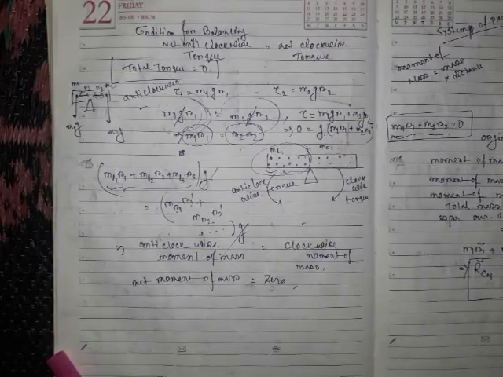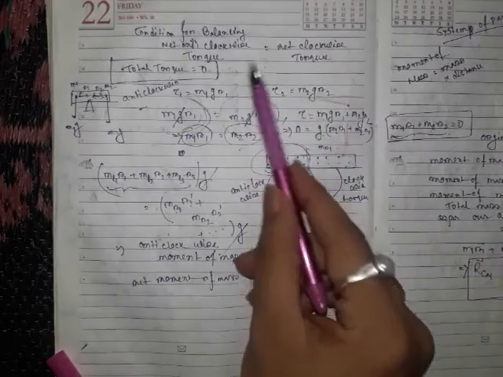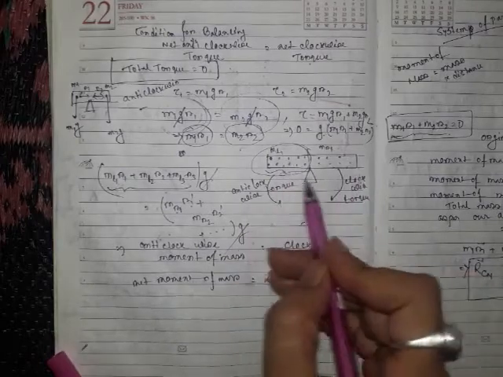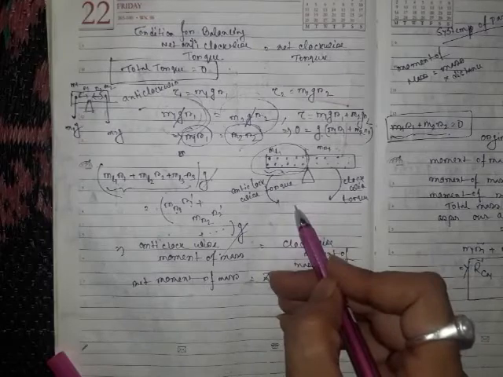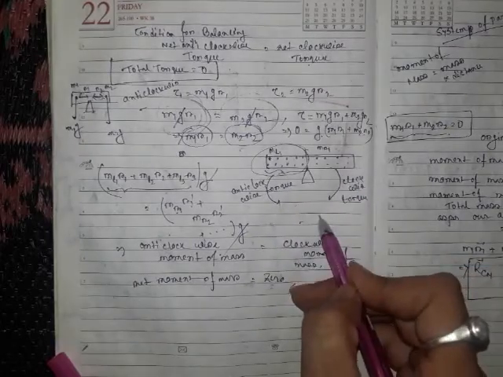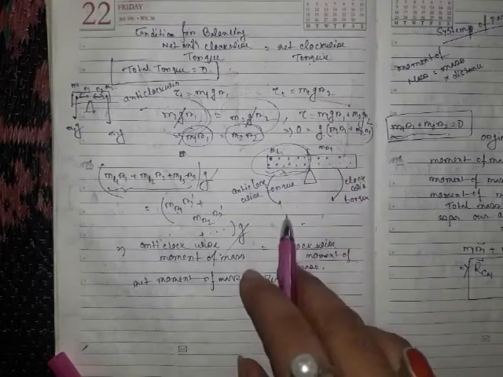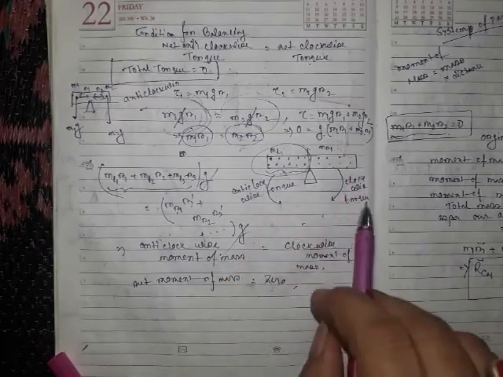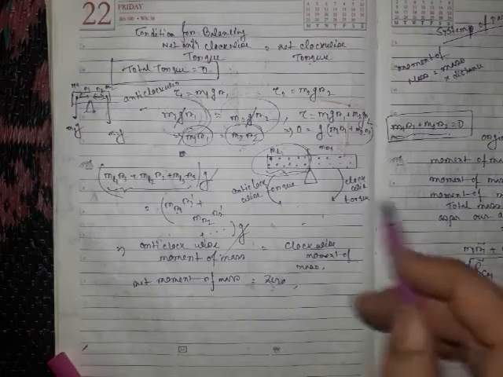If you want to balance an object, the net anti-clockwise torque must be equal to the net clockwise torque. That means this is a bar, and this is your fulcrum. If the net anti-clockwise torque is equal to the net clockwise torque, then this bar will be balanced. Now we just consider two masses.